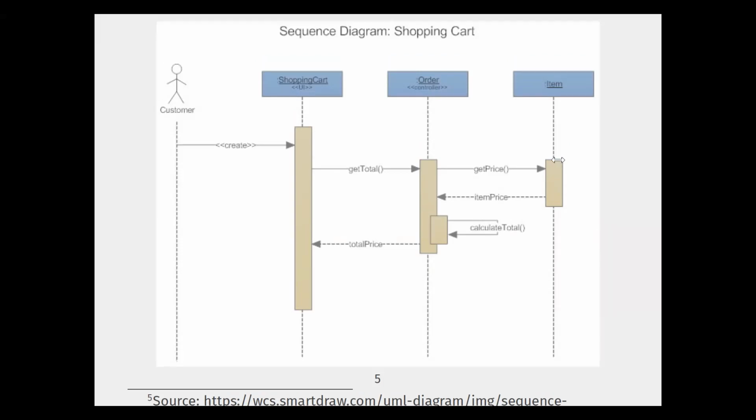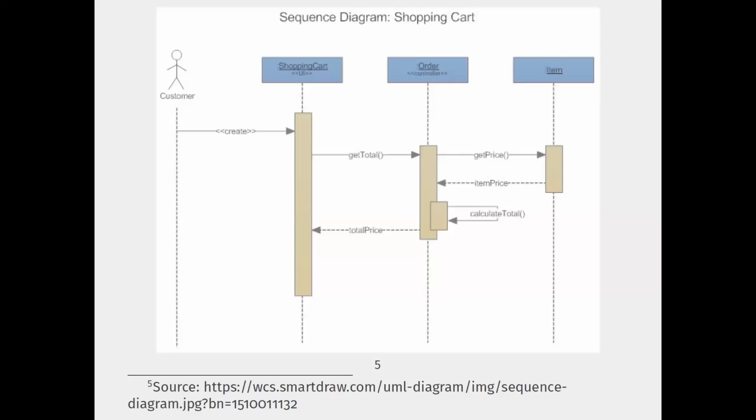And under that item, you need to understand what functions you need. Now, for example, in item, we have to have a get function. In the order, we have to have get total. These are the functions.